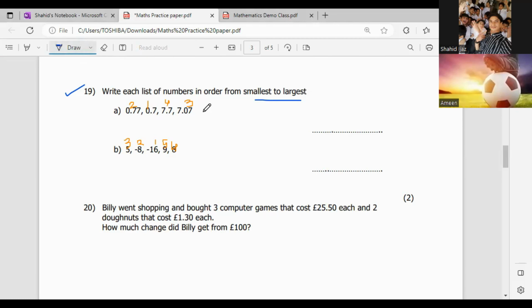I did this first, but you solved it as per the number line. I just know how to do it.